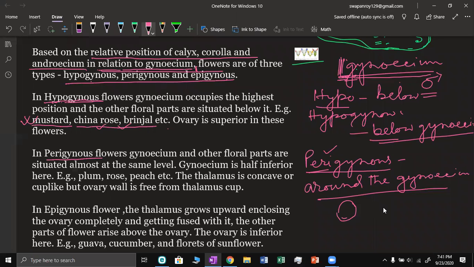In this case, the thalamus, that is the seat of the flower, is usually either a concave structure or forms a deep cup-like structure.